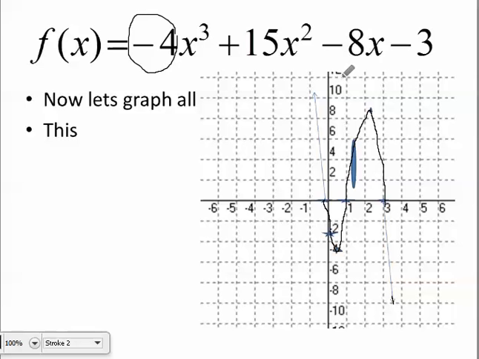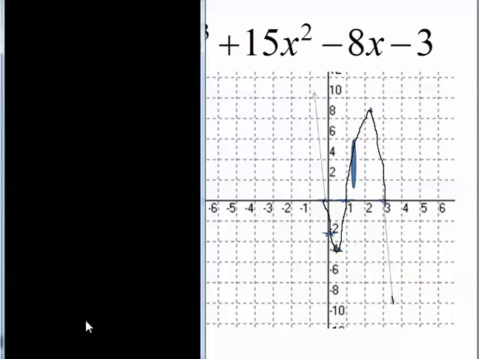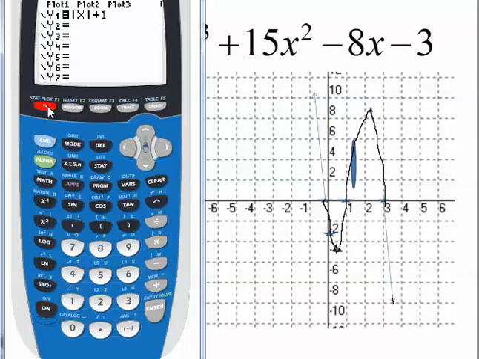Are there easier ways of doing it? Well, if you've got a calculator available to you, sure, you can key it into the calculator, and it will graph it out for you. Okay? You could press y equals here. Okay, my calculator is not responding to me. Okay, y equals, there it goes, and we get a negative 4x, and I'm going to be raising it to the third power.